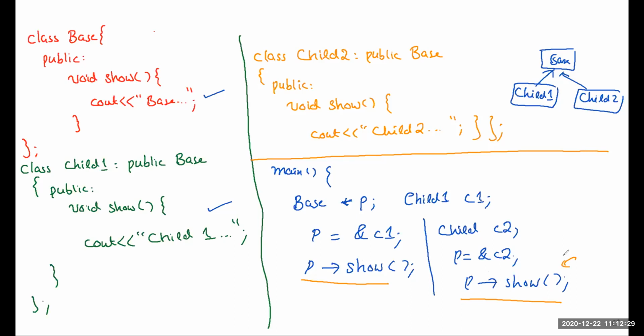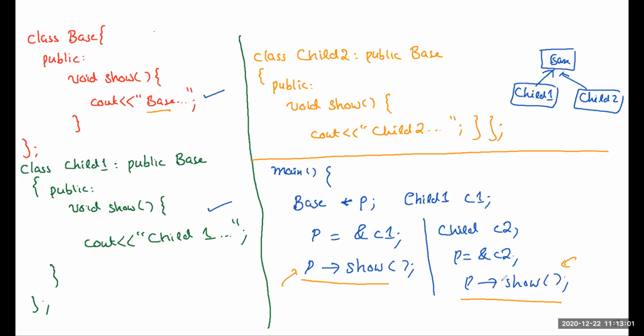So the answer to this is that in the current form, as you see the program on your screen, your program will not see what is the address in P. It will simply see the data type of P, just like we discussed a little while back. What is the data type of P? Base. So what will happen? This statement which you see on the left side will call the show function of the base class. And what is on the right, again it will call the show function of the base class.